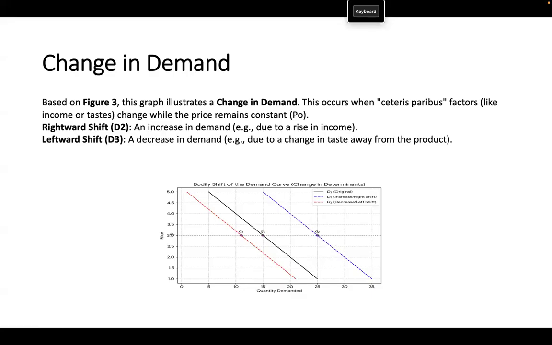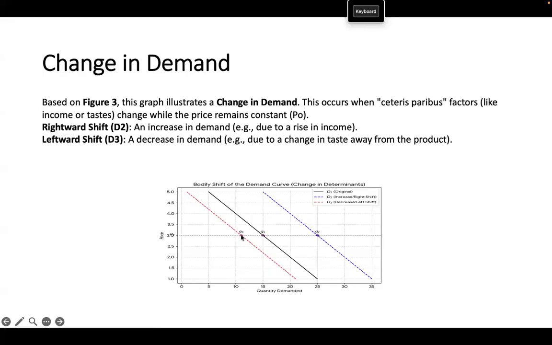Okay, so that's what is represented by the 25. So the demand has shifted from 15 to 25. But the price remains the same, at 3 Ghana cedis. Yes, at the same price.